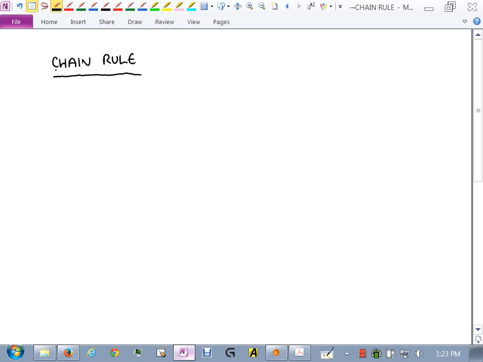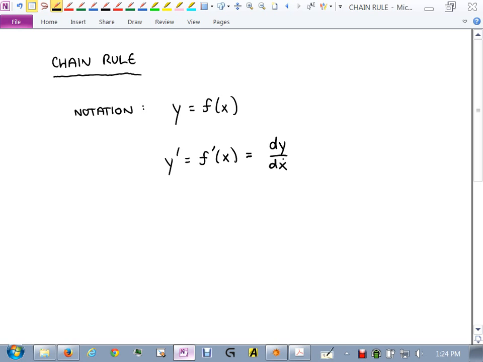So let's just recall some notation. When we've said, like, y is a function of x, then when I say y prime, that meant the derivative of that function, right? Yes? But there was another notation, dy dx, which means exactly the same thing.